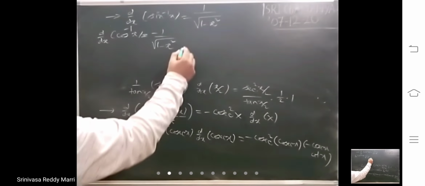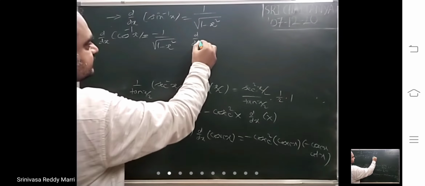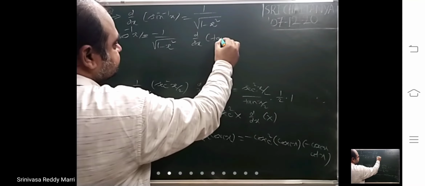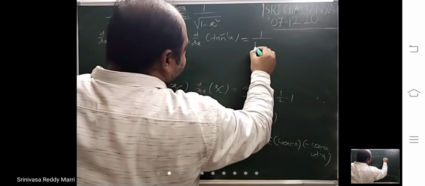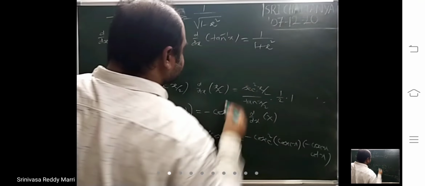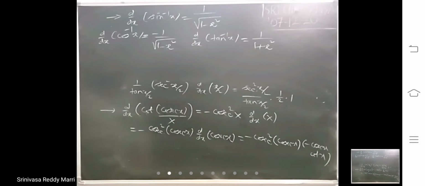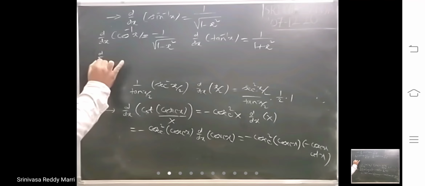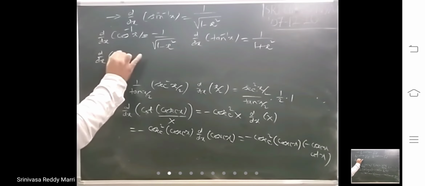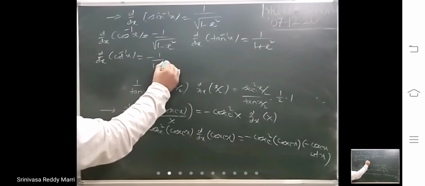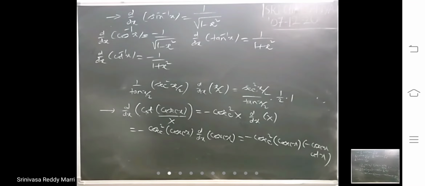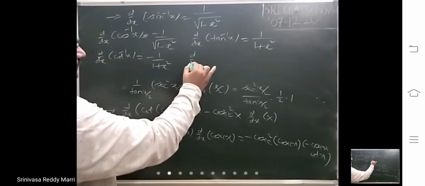D by dx of tan inverse x is 1 by 1 plus x square. D by dx of cot inverse x is minus 1 by 1 plus x square.